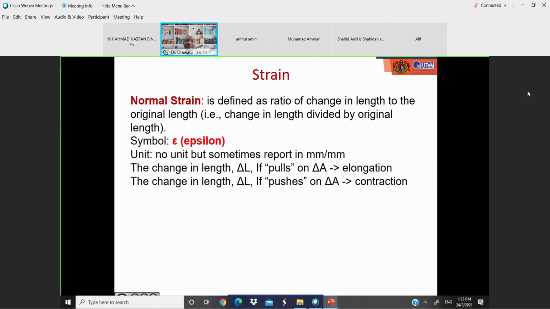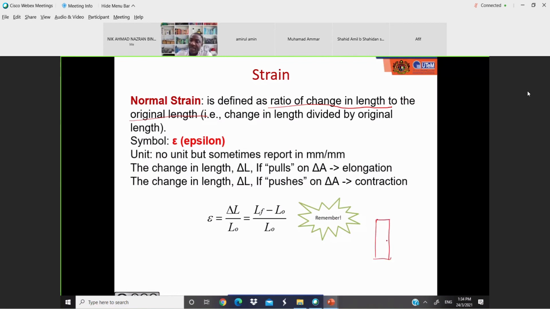So like we said, we'll divide your strain into two. We have the normal strain and the shear strain. Your normal strain is your change in length. So the definition of your normal strain is the ratio of change in length to original length. For example, I have this.